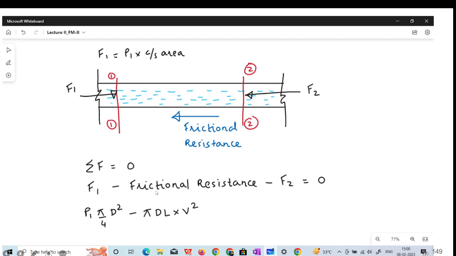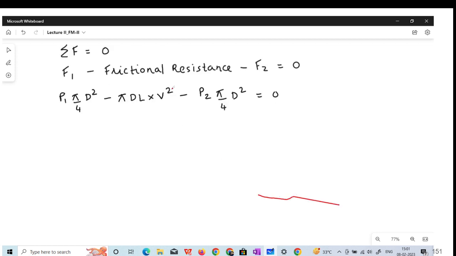F2 is P2 into cross sectional area, and we have the frictional resistance we have calculated. We have not written F dash here, F dash will be there, and this is F2. So let us solve it. Pi by 4 d square is common, you can take it.